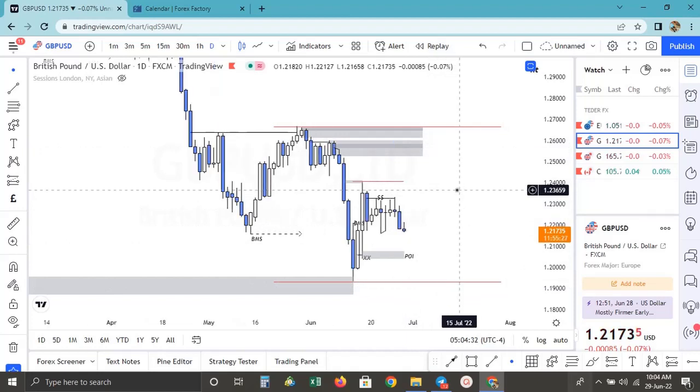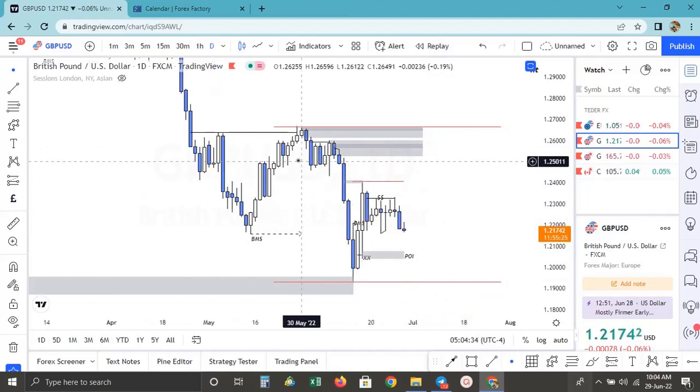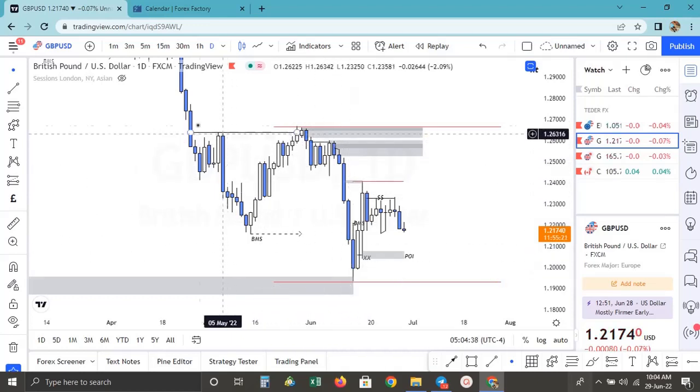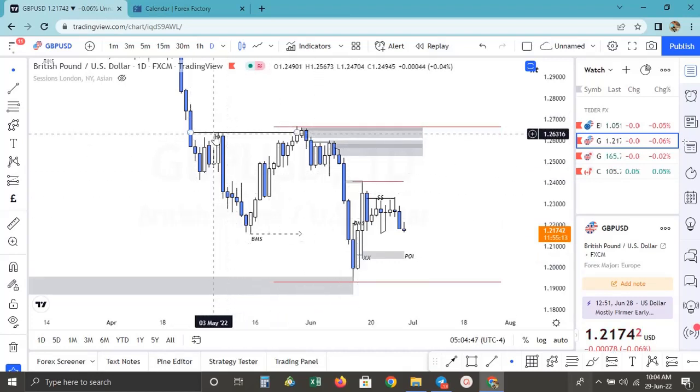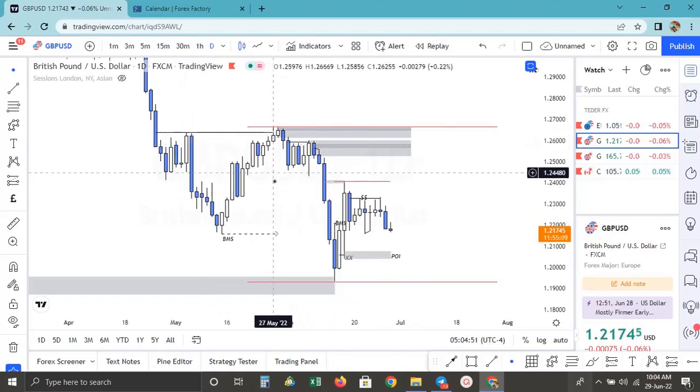Right from this daily time frame, we can see that before they sold down, probably they mitigated an imbalance right from here. They respected this imbalance before giving us a new lower low. But first of all, before they sold down, what happened in the market?